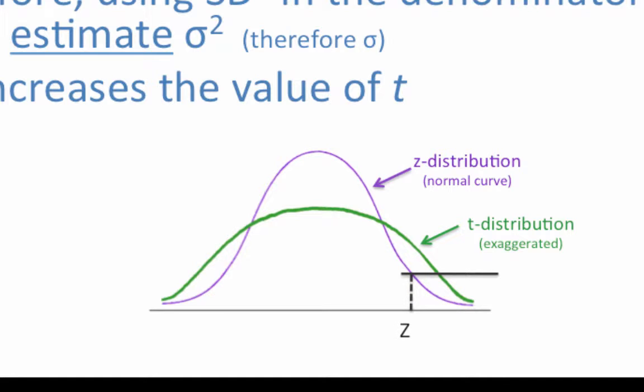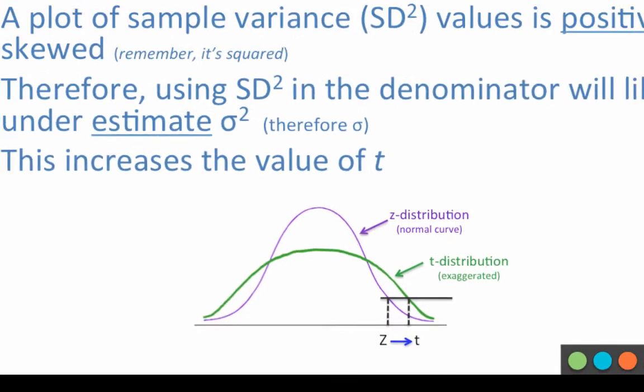That is the value of z for alpha equals 0.05, which we already know is going to be 1.96 standard deviations. But with that exaggerated t distribution, what will be the difference with the t value? It is going to be pulled out to the right. See where the black line crosses the green line? That value is greater on the x-axis than the z value.